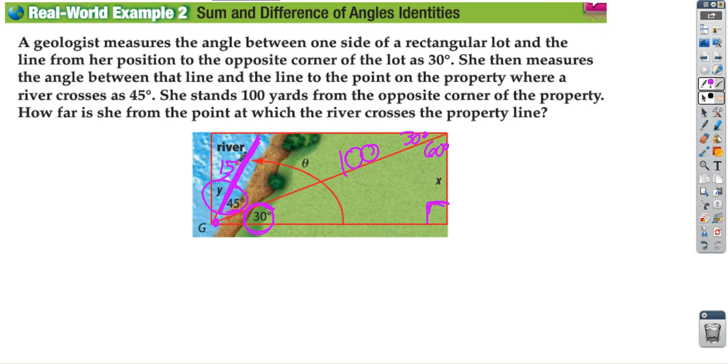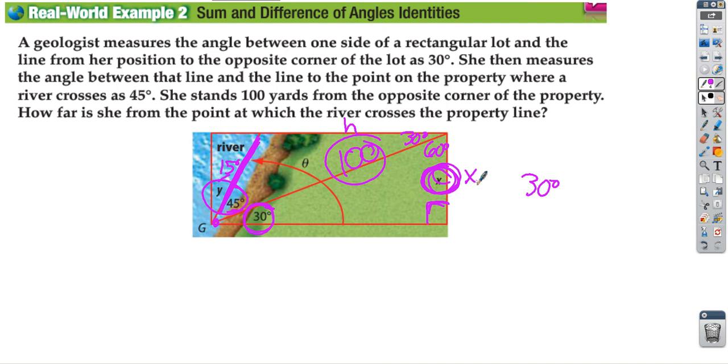And so here's what we need to do. We need to solve this for, okay, actually I misread this. We need to solve for this length right here. That's x. That's what we're trying to solve for right there. And yeah, it looked complicated, but it's really not. So we can just do this 30 degrees right here. We know that this hypotenuse is 100, and we don't know this opposite side, x right here.